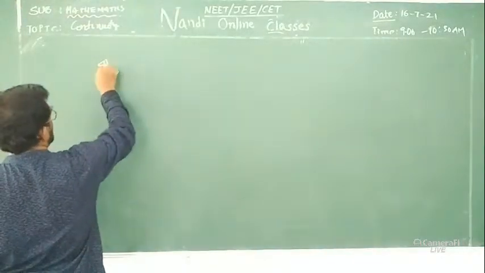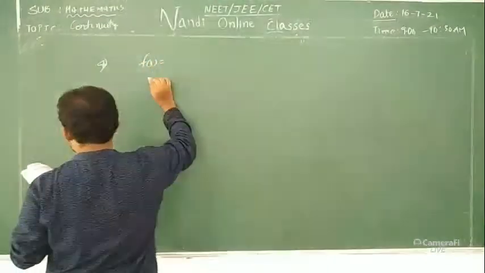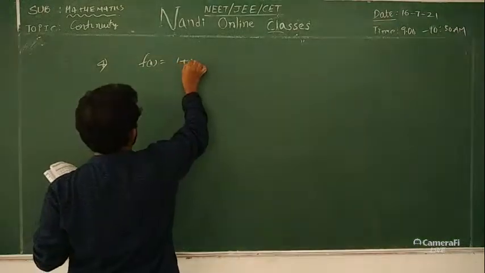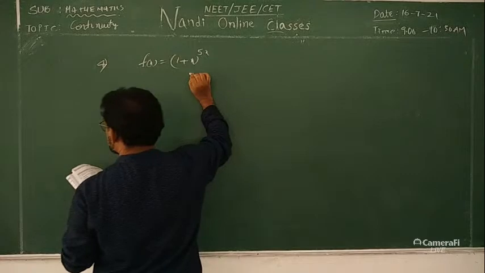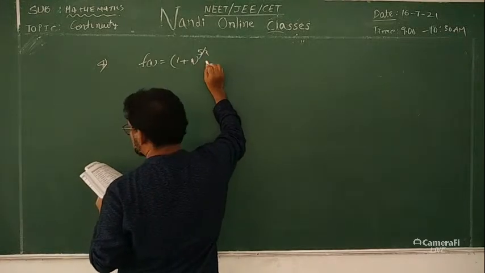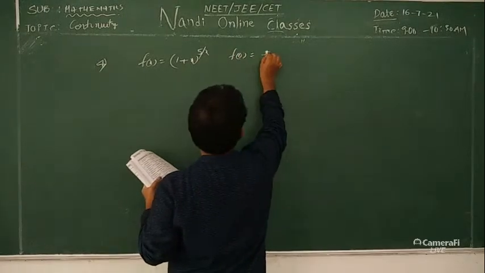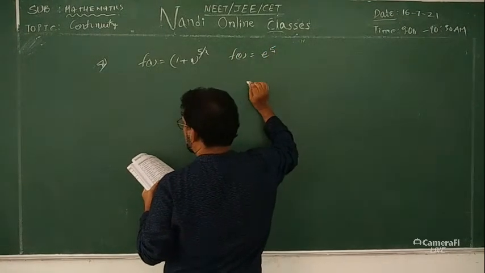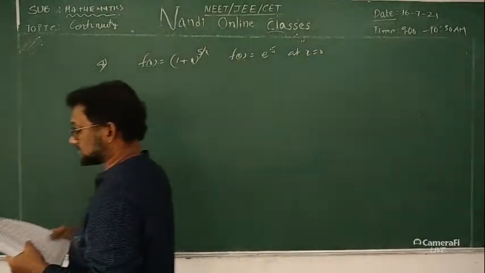Next, f of x is equal to 1 plus x whole power 5 by x, f of 0 is equal to e power 5 at x is equal to 0.